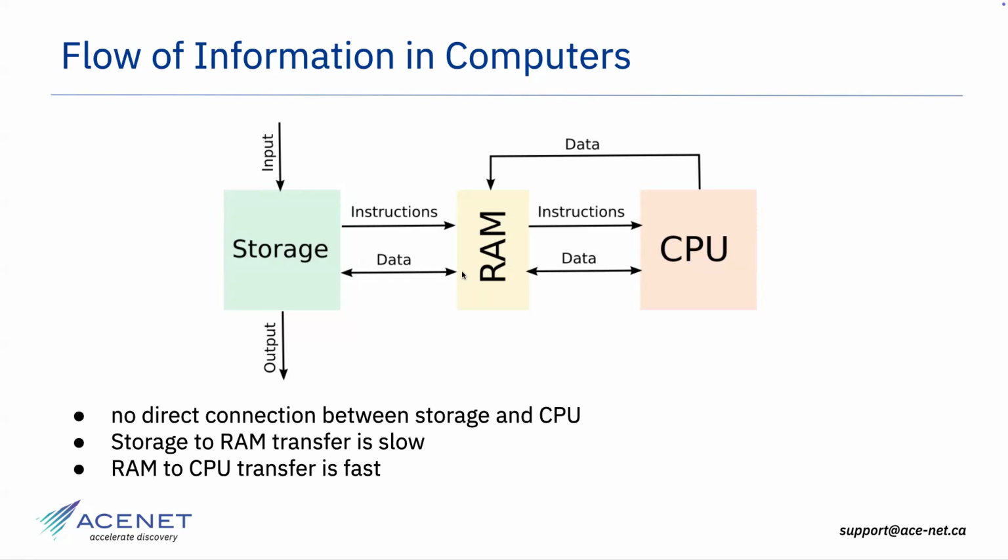All programs and data are first stored in secondary memory. Secondary memory cannot be accessed directly by a CPU. This would be a bottleneck. Now, the operating system loads instructions and data into random access memory in order to execute any program.